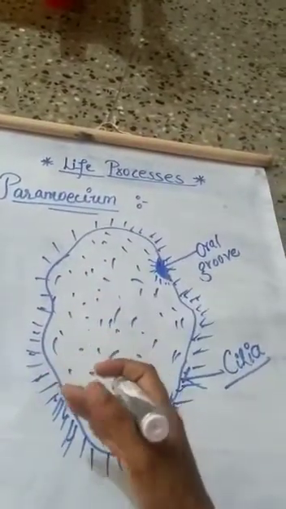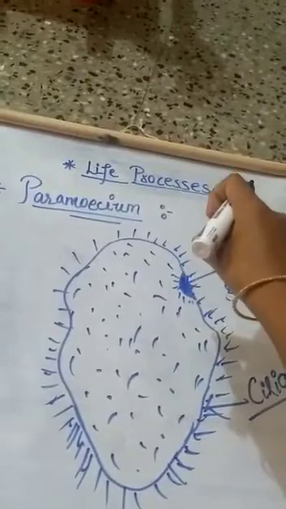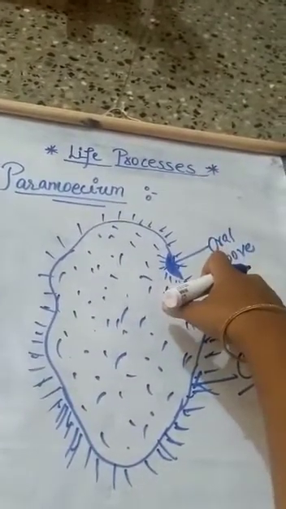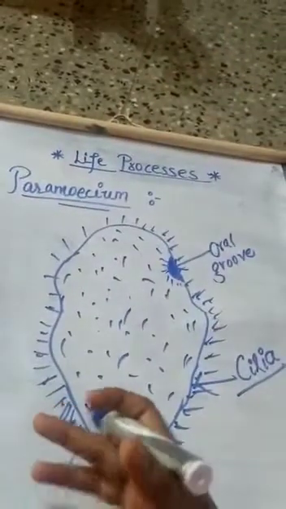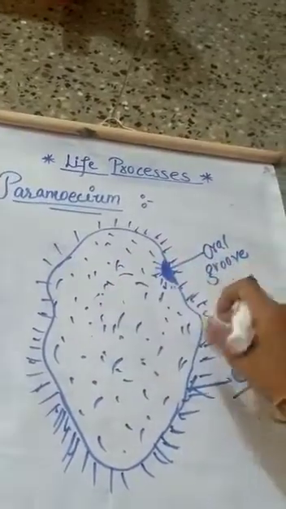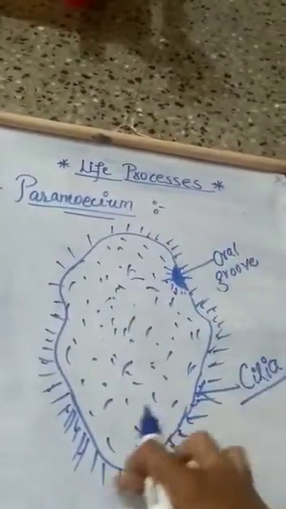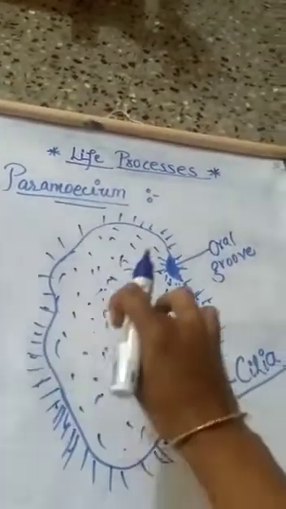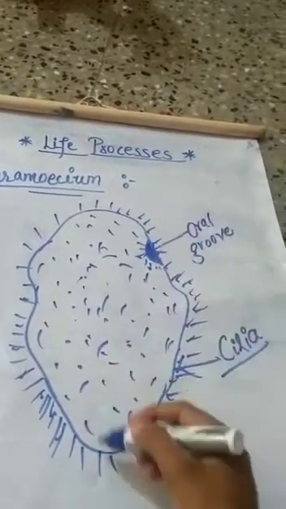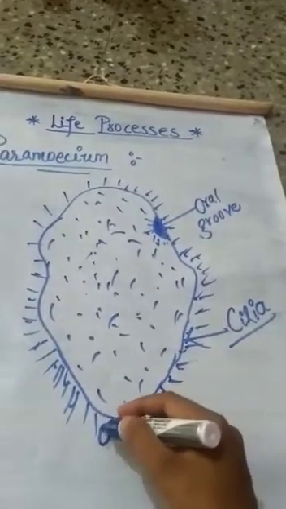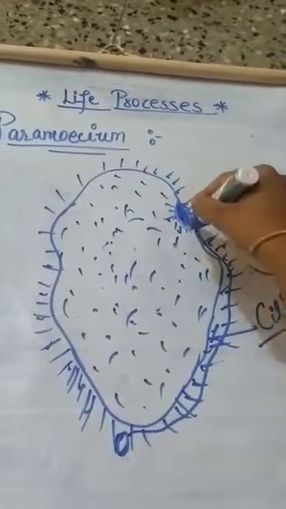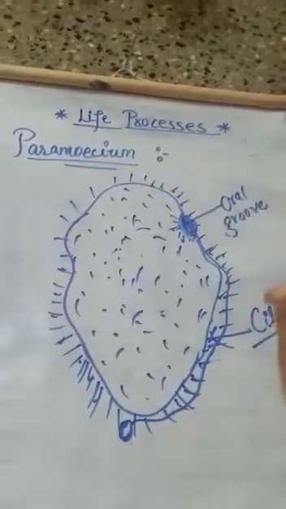And then what does it do? The food enters into the oral groove, and it is trapped by the oral groove, and then it is engulfed, or taken into the body. So this is the cilia. This cilia helps the food to pass to the oral groove. Means if suppose the food is here, the food is passed through the cilia to the oral groove, that is here.